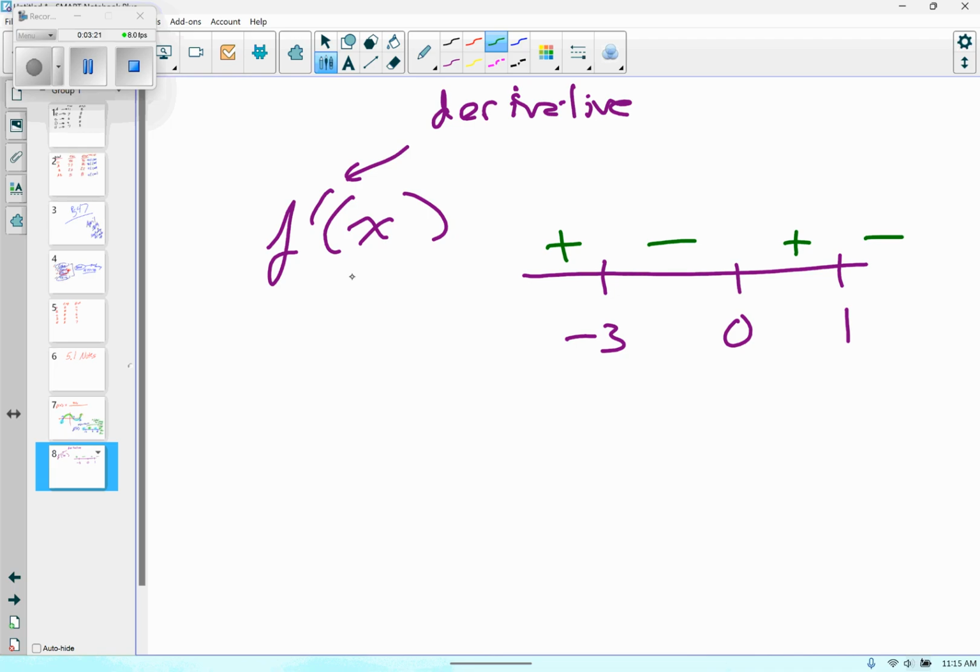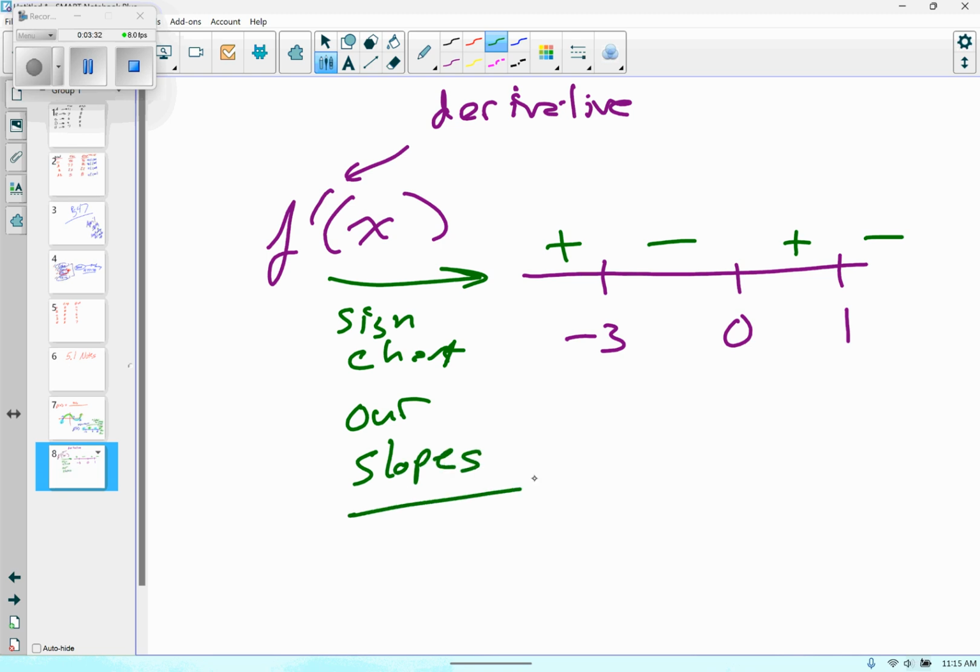So if this is the derivative sign chart, this means basically our slopes. Okay? So if you were to say, hey, I had this on my thing, I know that I would get basically a positive slope, a negative slope, a positive slope, a negative slope. And so from there, you could maybe say, oh, I think I can give you an idea of what this equation might look like here.